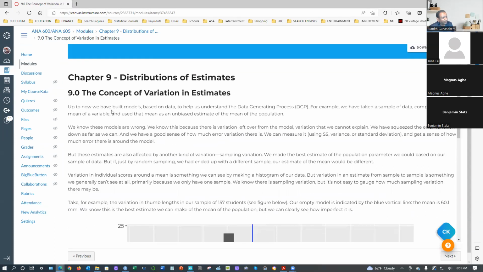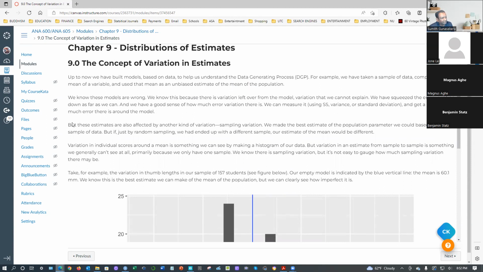Because up to now, we have built models based on data to help us understand the data generating process, which is the population. For example, we have taken a sample of data, computed the mean of a particular variable, let's say height, and used that mean as an unbiased estimate of the population mean. You made the inferences. Estimation has been utilized to make inferences about the population mean.